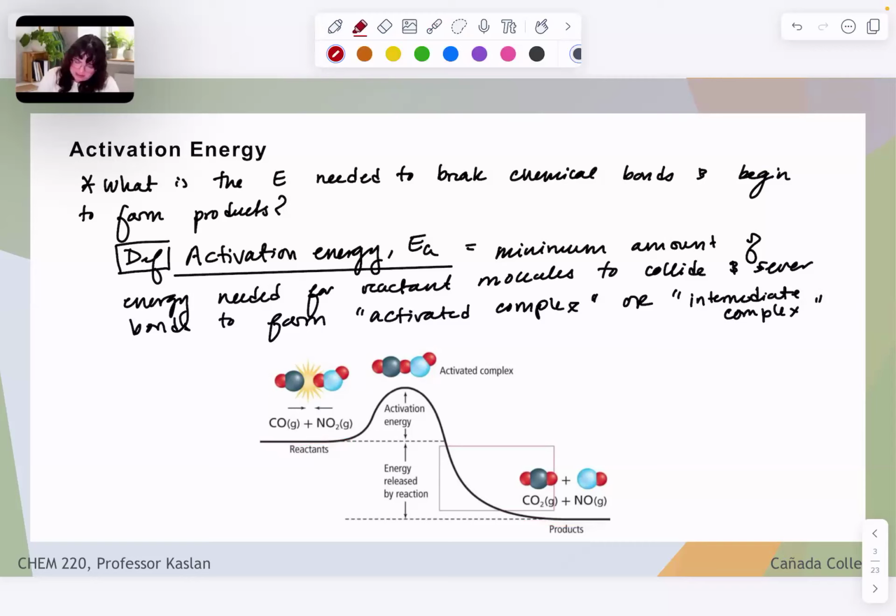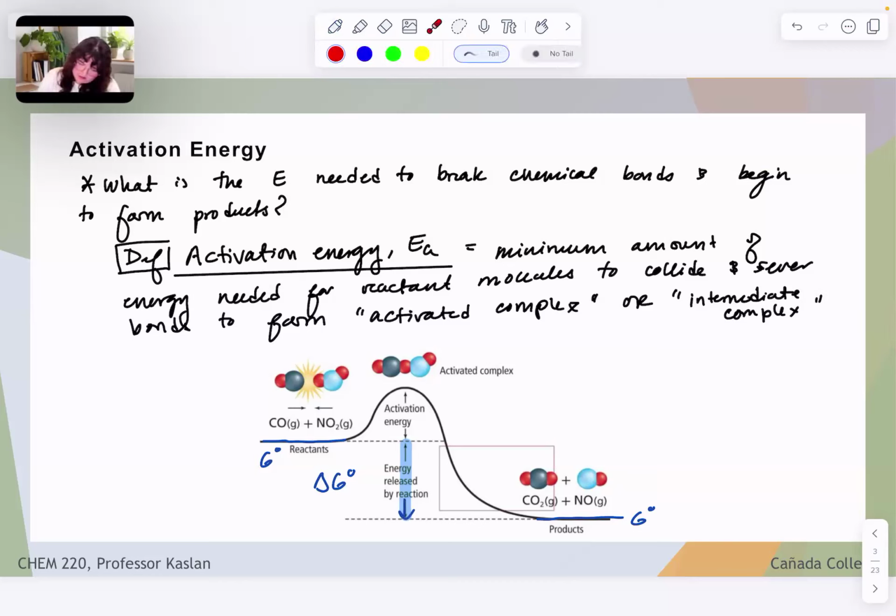So when we were talking delta G, here it looks like we had some G reactants, and down here, G products. And the change in that is a downward change, right?